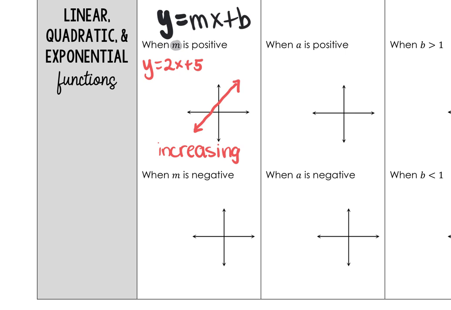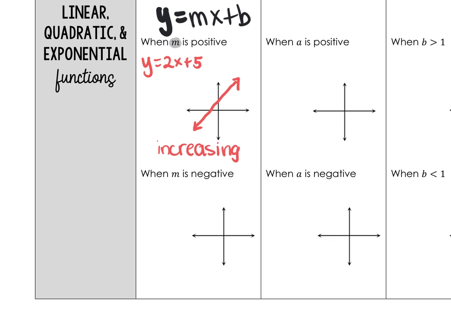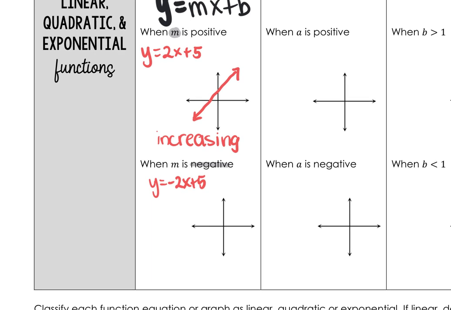But the opposite is true when our m is negative. For example, we could use y equals negative 2x plus 5. Now our m value, that number that's right in front of x, is negative.